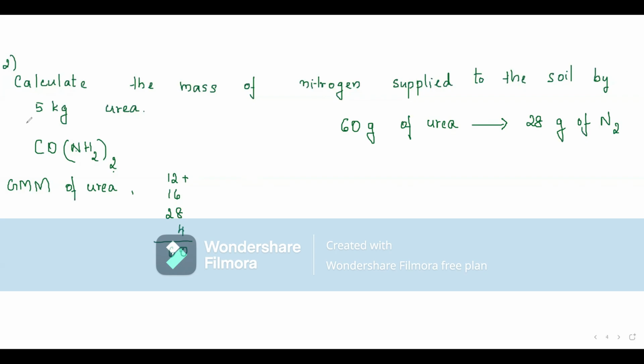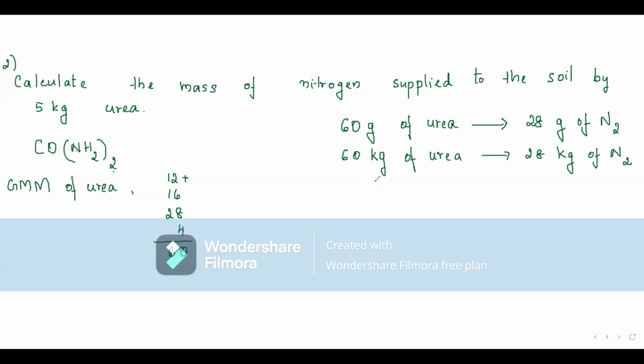But my question is in kilograms. So what I will do is this 60 gram, I will convert it into kilogram. 60 kilogram of urea gives us 28 kilograms of nitrogen. Right, no? 60 units is giving me 28 units.